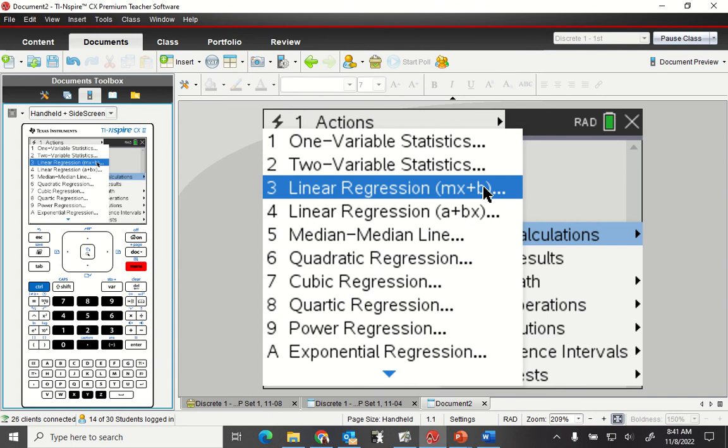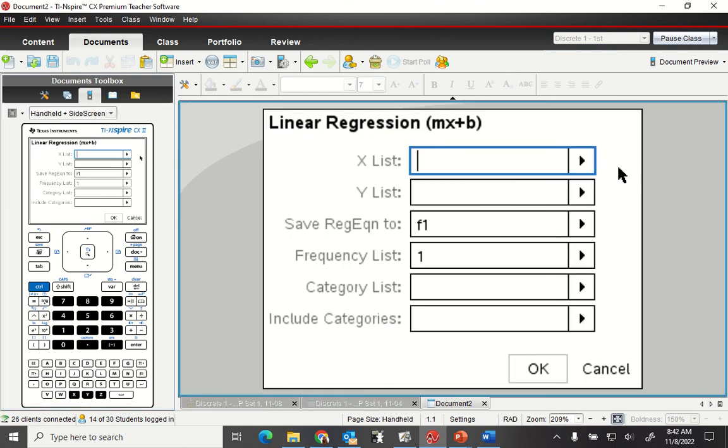So the calculator is doing everything for us. We just need to know on what page we could ask him that. So my X value was age. My Y value was blood. Save the rest.